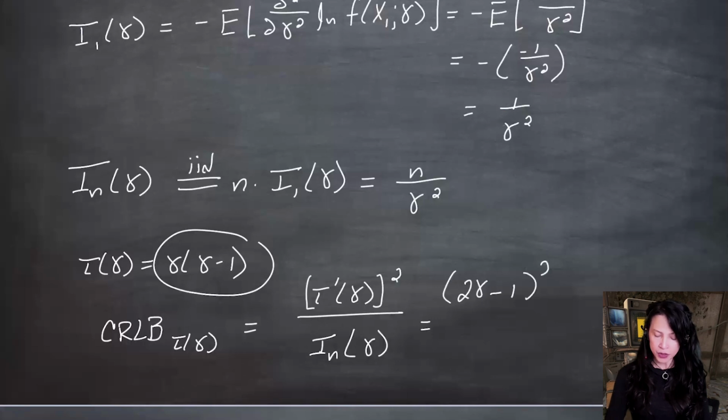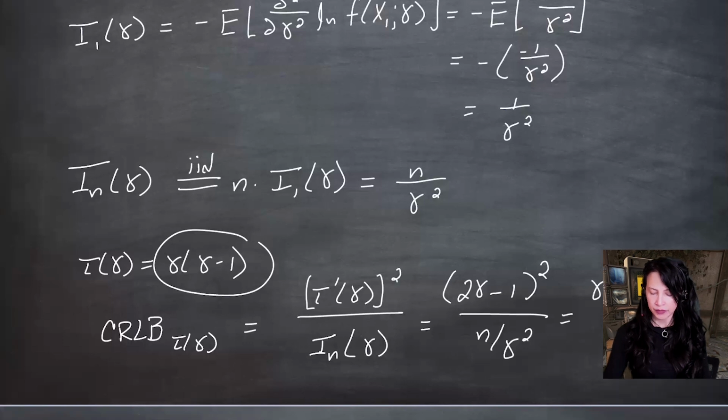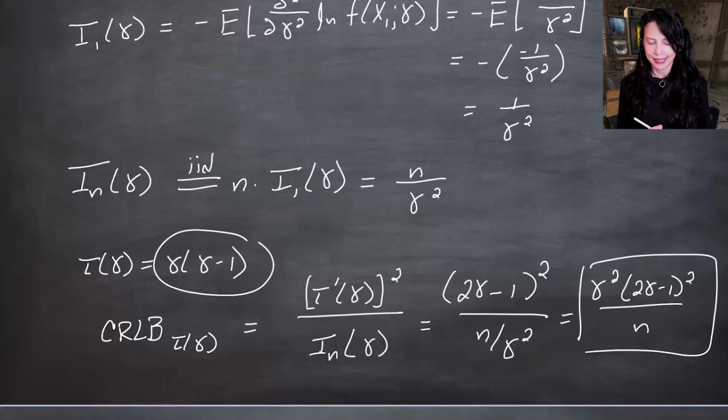That whole thing ends up squared over n over gamma squared. Again, we're just sticking with computation for today, but we are going to eventually look at the MLE for the gamma parameter and see how its variance might be approaching the Cramér-Rao lower bound. And I have that list coming up really soon.